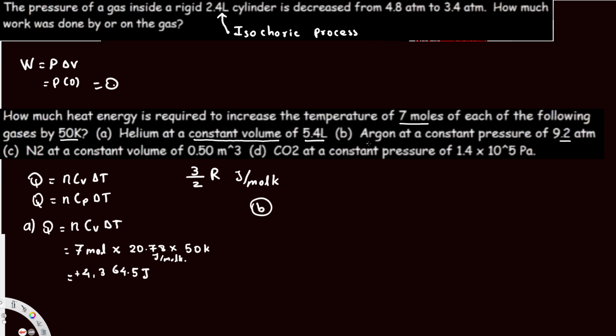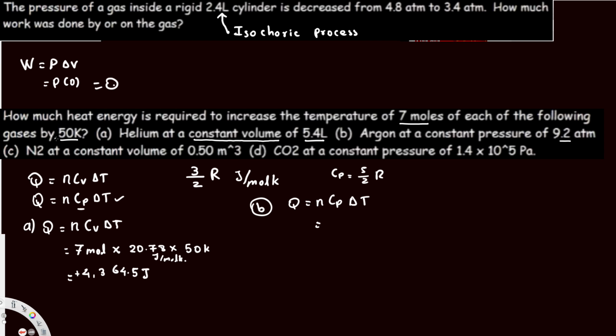The B part is asking: argon at a constant pressure of 9.2 atm, what is the heat energy? Here they are talking about constant pressure, so we are going to use Q = nCp ΔT. For monoatomic gases, the Cp value is always 5/2 times R. But for argon, you can look it up in the book, and you get the value 20.76.